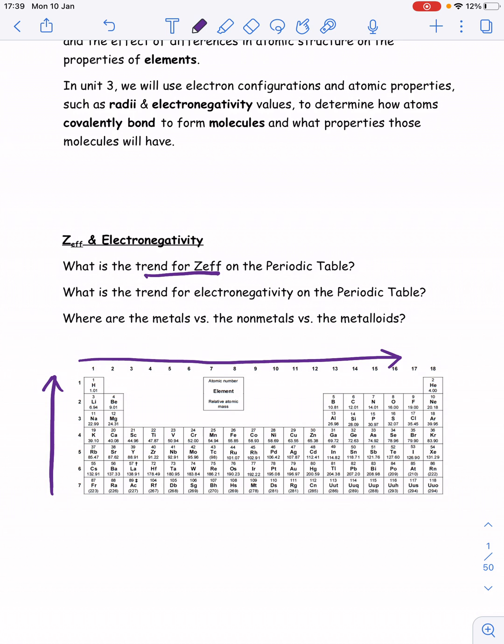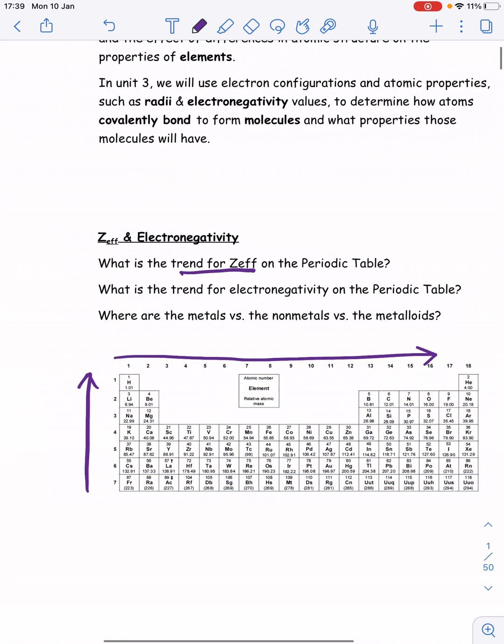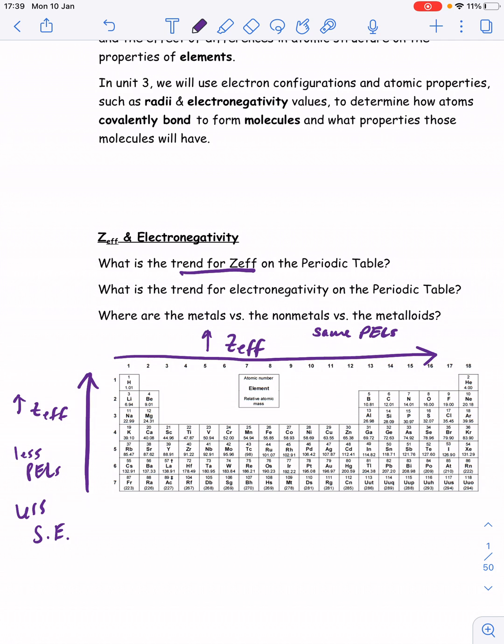It would increase across the table left to right as we increase the number of protons. So we get more Z effective with fewer principal energy levels and less shielding effect, and we get an increase in Z effective as we get the same principal energy levels but more protons. So hopefully that's all relatively familiar from last topic.